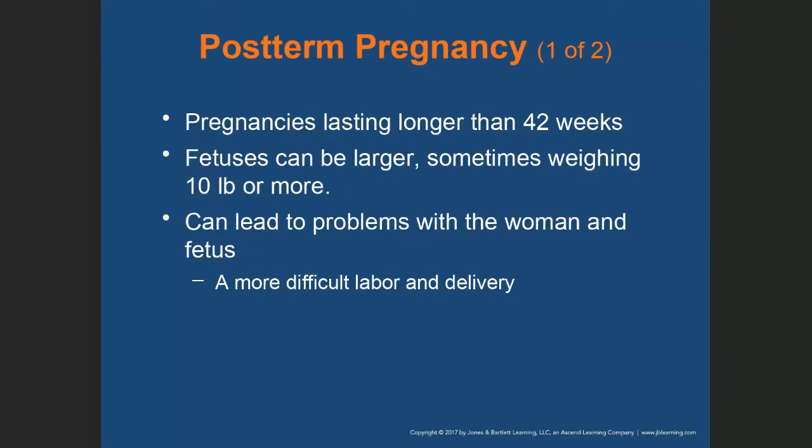Post-term pregnancy. Pregnancy lasting longer than 42 weeks. Fetuses can be larger, sometimes weighing 10 pounds or more. This can lead to problems with the woman and fetus, and a more difficult labor and delivery process.